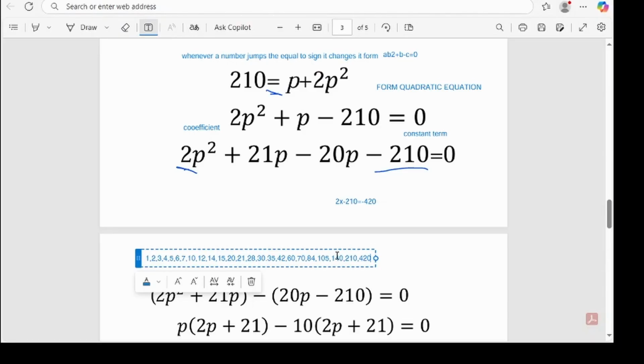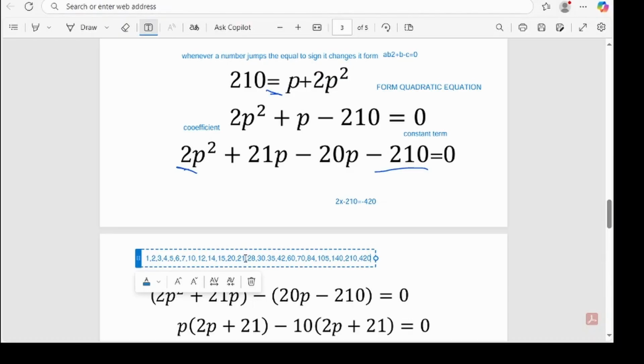So let's look for factors that when we add, it's going to give us the middle coefficient, which is 1. Among all of them, you could find out that 20 and 21 are the most likely numbers.